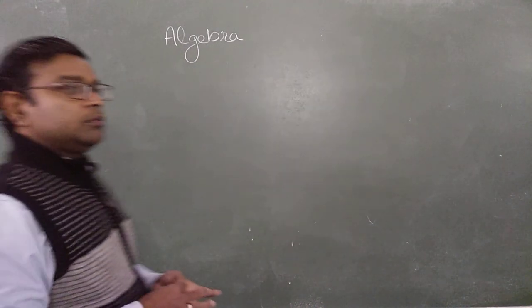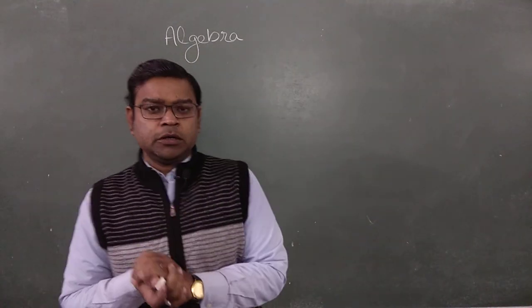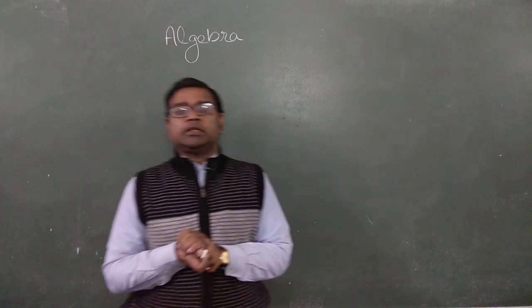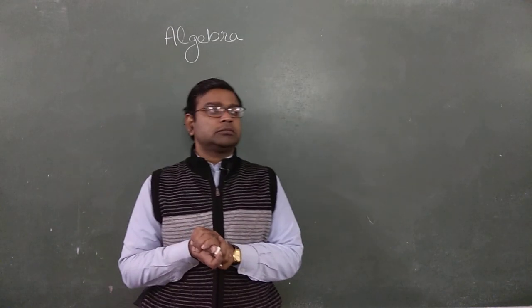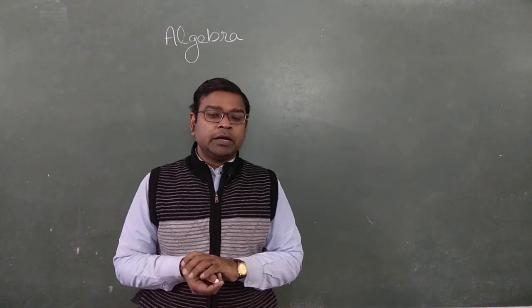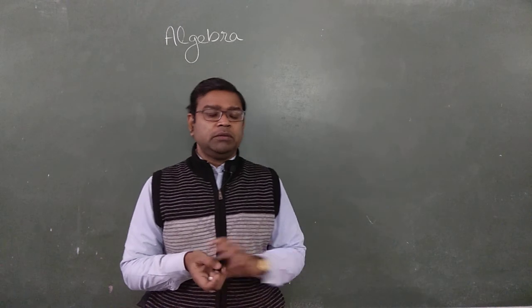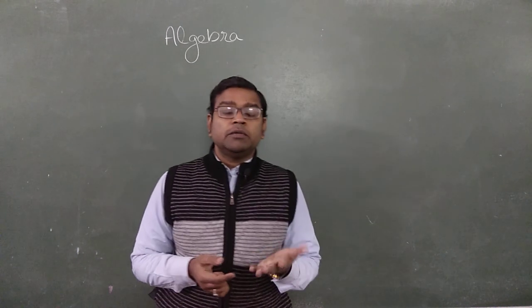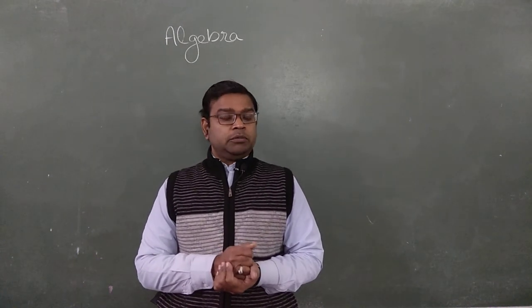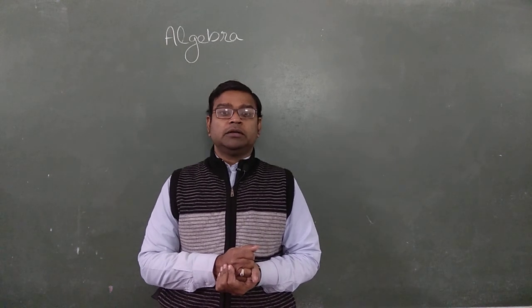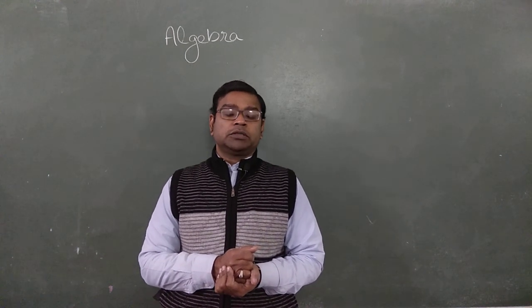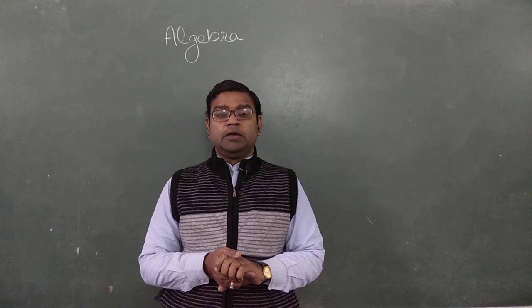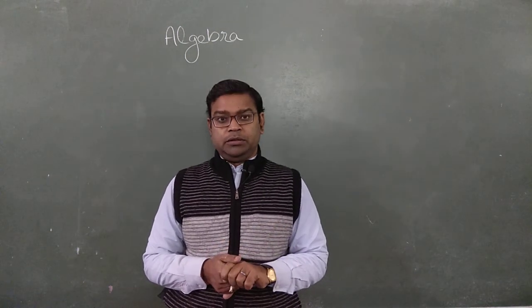In word problems, I am using the very simplest problem. For example, if there are 24 mangoes in a box, this is the first question of word problems. If there are 24 mangoes in a box, how can you find the total number of mangoes if the number of boxes is b?